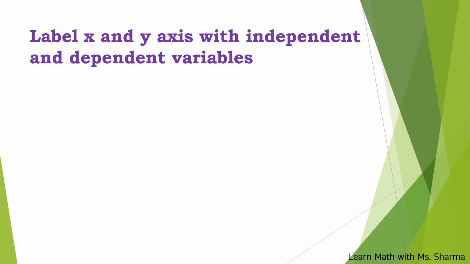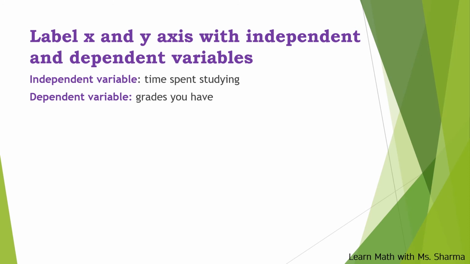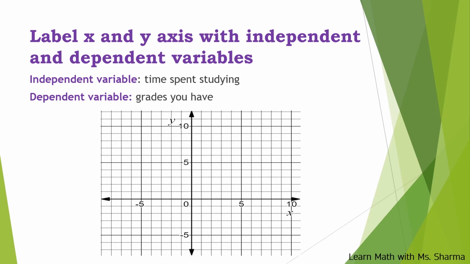Label the x and y axis with the independent and dependent variables. So in this lesson we are only going to label. We are not graphing. We'll graph in the next lesson. The independent variable, time spent studying, will go on the x-axis. The dependent variable, grades you have earned, goes on the y-axis. This is your x, this is your y.